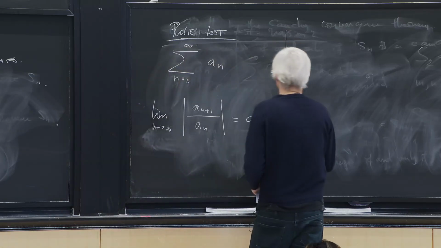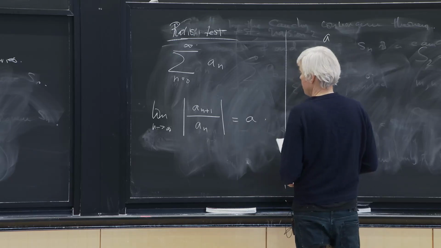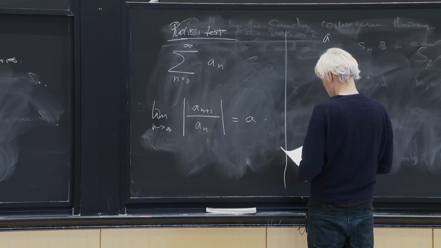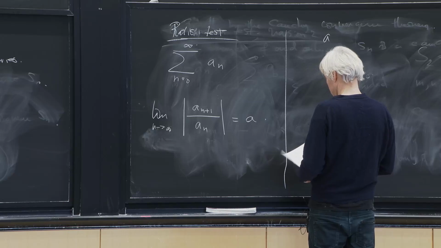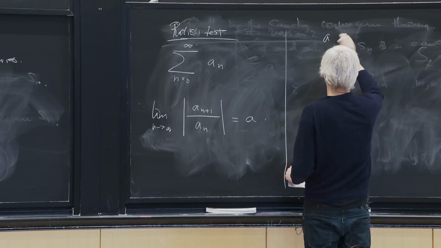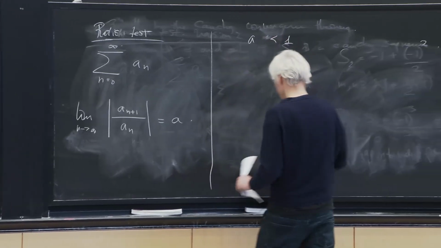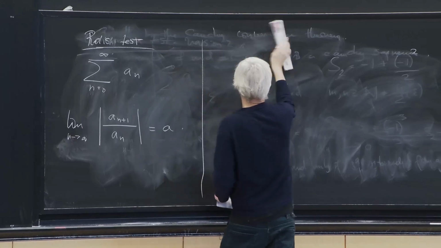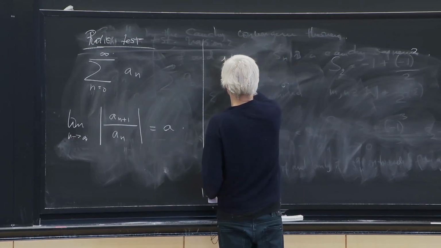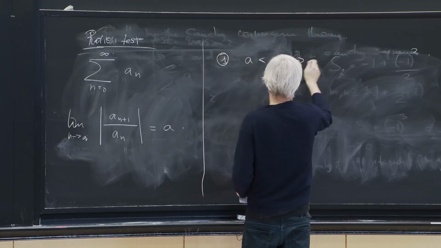So the ratio test then says that if a is less than 1, then the series is convergent.